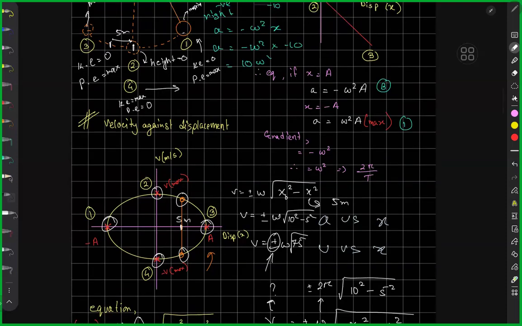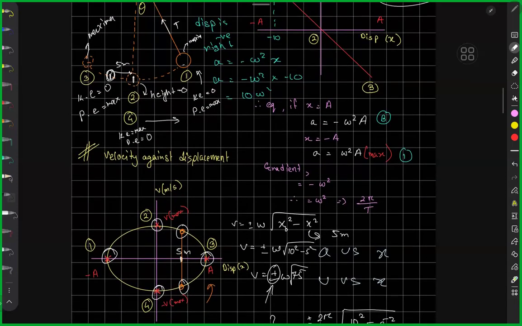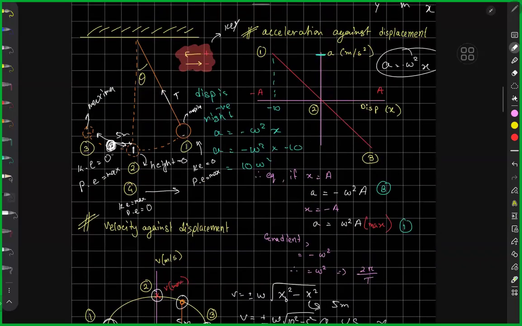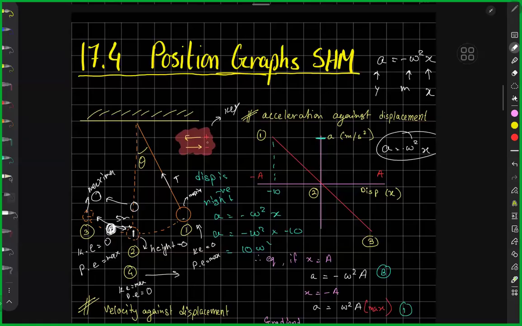Why is that? Because at this position, at this displacement, it could be that the bob is moving in this direction or in this direction. Why do I say that? It could be that 5 meters of displacement, positive displacement, denotes a position where the bob is going from position 2 to position 3, that is moving leftwards. And moving left is positive velocity. And it could also be that it is going from position 3 to position 1, hence backwards to the equilibrium.